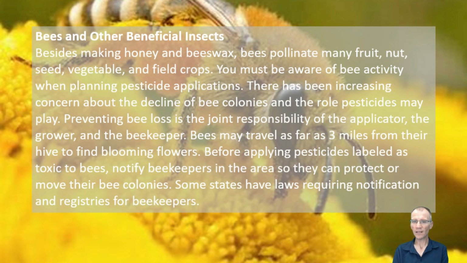Preventing bee loss is the joint responsibility of the applicator, the grower, and the beekeeper. Bees may travel as far as 3 miles from their hive to find blooming flowers. Before applying pesticides labeled as toxic to bees, notify beekeepers in the area so they can protect or move their bee colonies. Some states have laws requiring notification and registries for beekeepers.